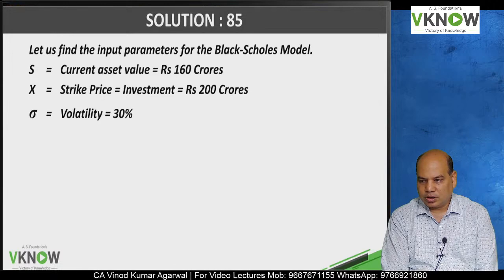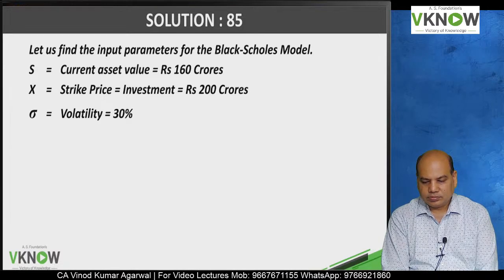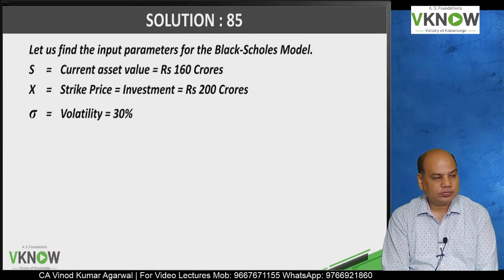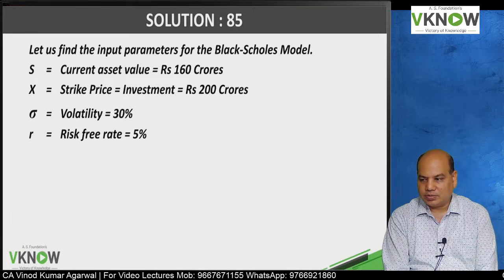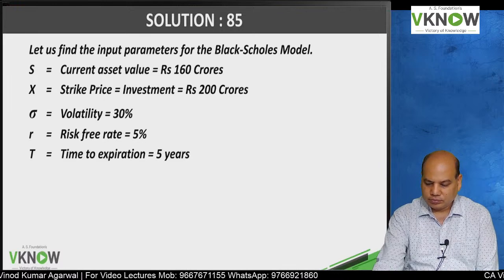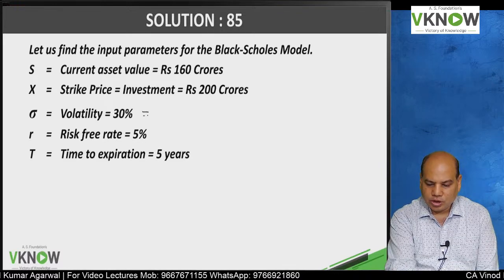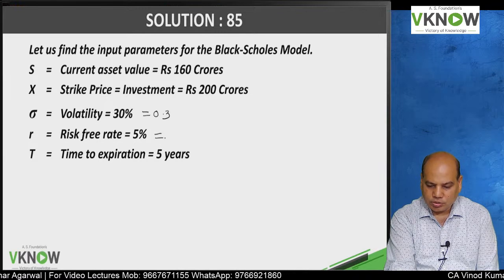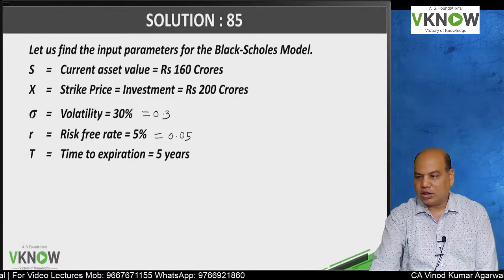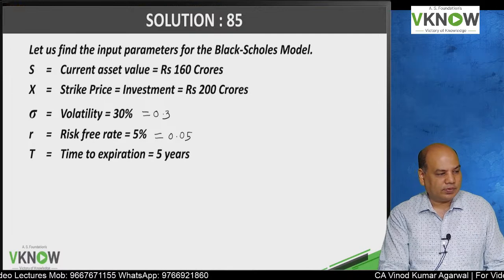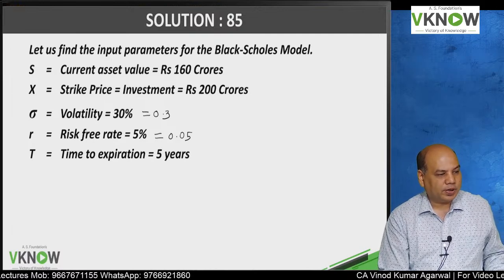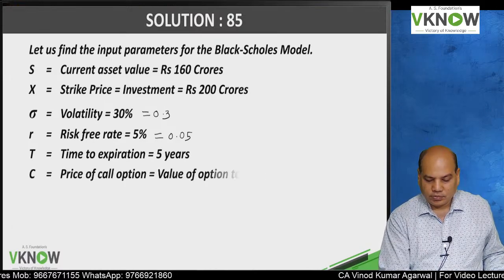Then sigma, the standard deviation, equal to volatility, equal to 30%, which you also write as 0.3. R, the risk-free rate, is 5%, which you also write as 0.05. T is time to expiration: 5 years.